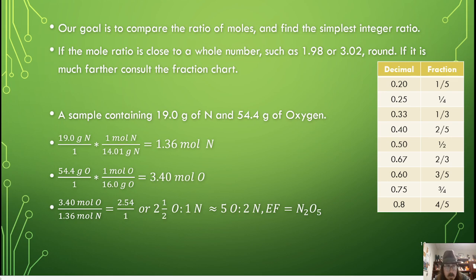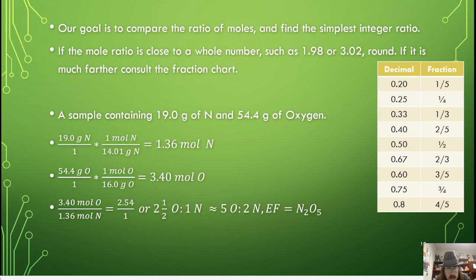So, for the example I have right here, if I have a sample that contains 19 grams of nitrogen and 4.4 grams of oxygen, what is the ratio of nitrogen to oxygen? Step 1 is to convert 19 grams of nitrogen to moles. I'm going to divide that by the molar mass of 14, and you get 1.36 moles.